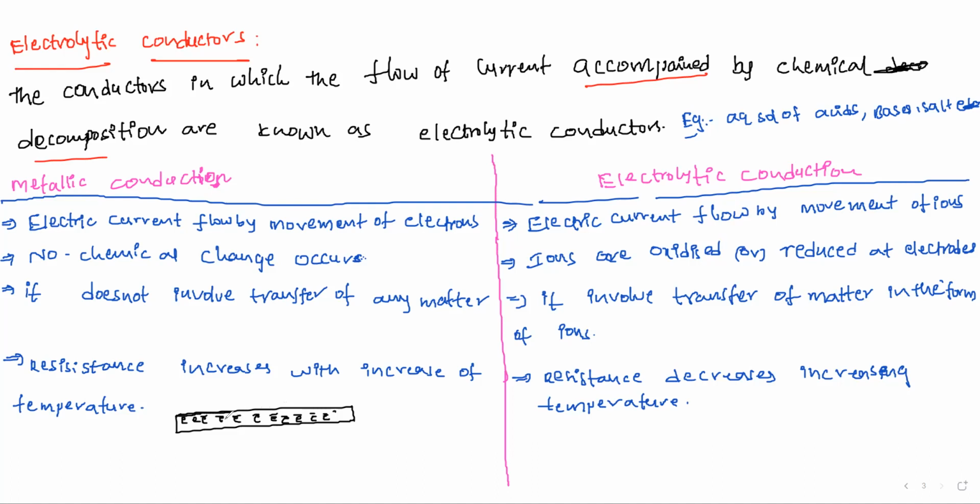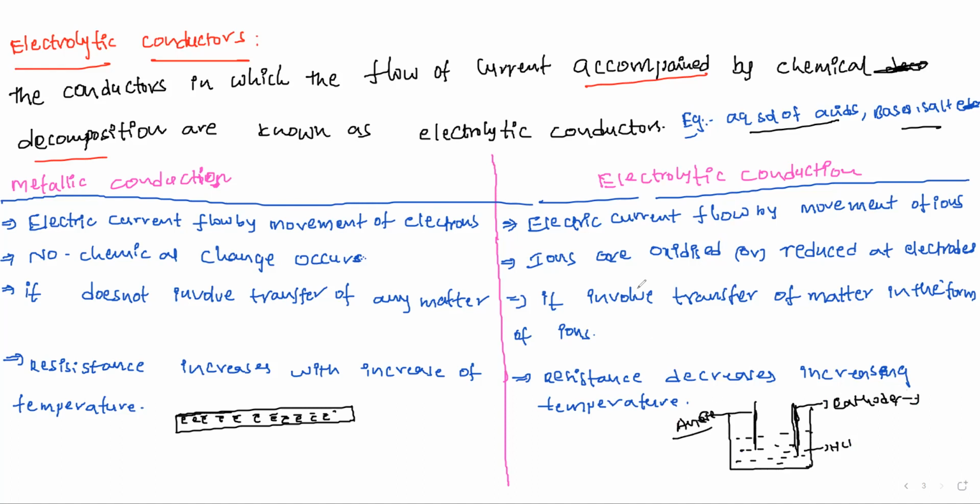Because expansion takes place in metals. So electrolytic conduction is nothing but, in this electrolytic cell, we are taking some solution. Electrolytic solutions may be aqueous solutions of acids or bases. Here we are taking aqueous HCl solution, and a cathode rod, one is a cathode and the other is an anode.